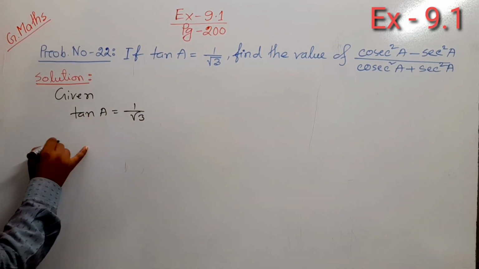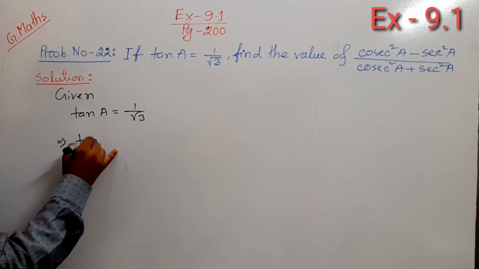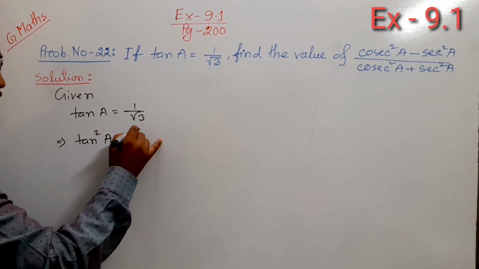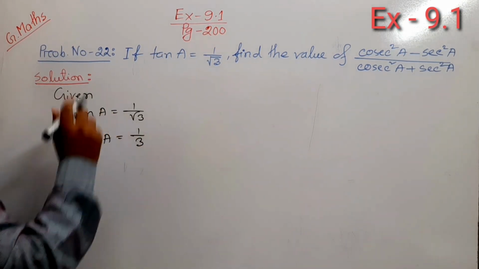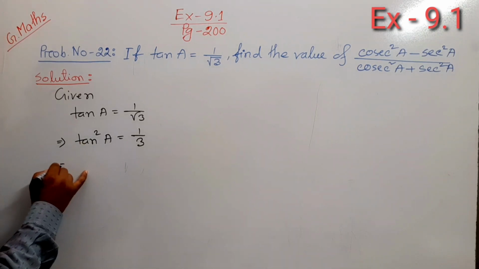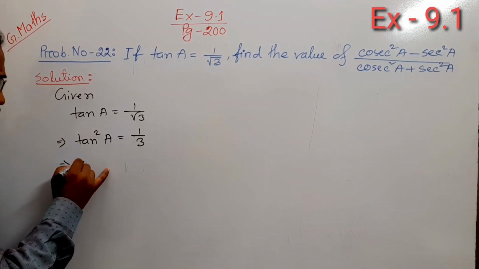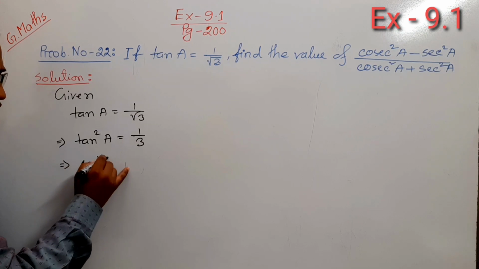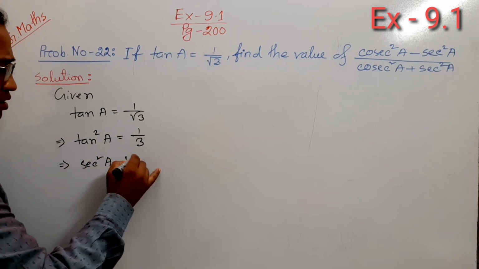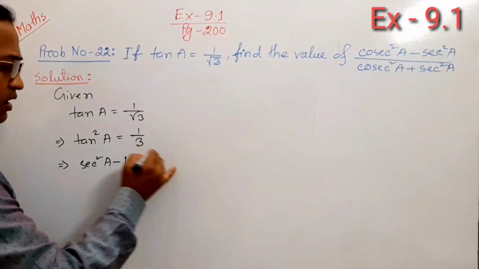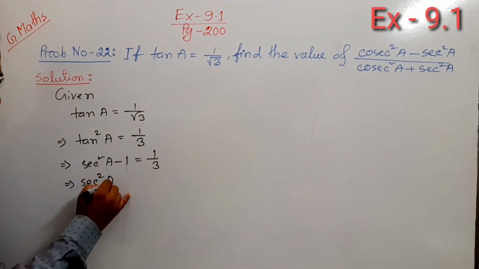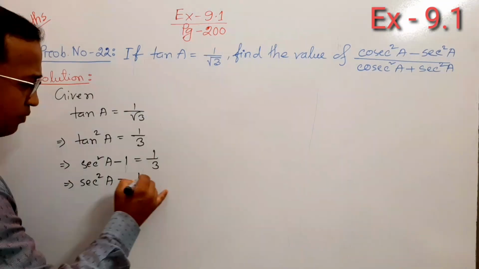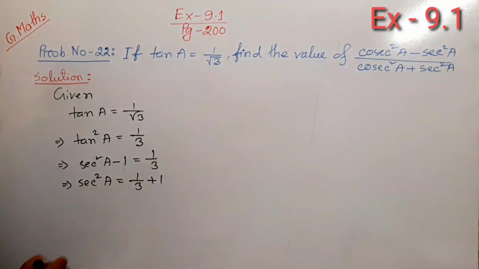We can write it like this: tan square A equal to 1 by 3. If we take the square on both sides, it becomes tan square A equal to 1 by 3. We know tan square A equal to sec square A minus 1 equal to 1 by 3. Now, we can write sec square A equal to 1 by 3 plus 1.